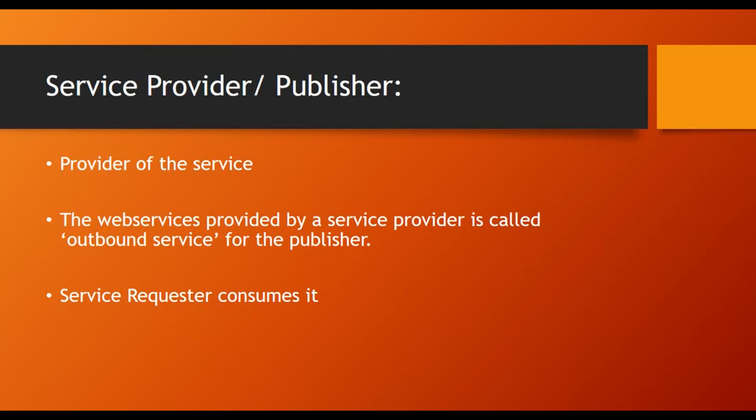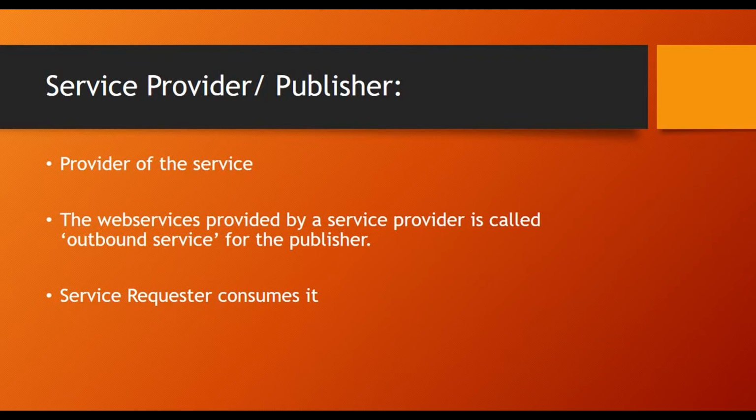If you have a piece of functionality for the calculator, let's say, and you are making that particular piece of code or class a web service, then you are the provider or the publisher. Other people can access that piece of code over the internet, so you are publishing your code for other people to consume, right?